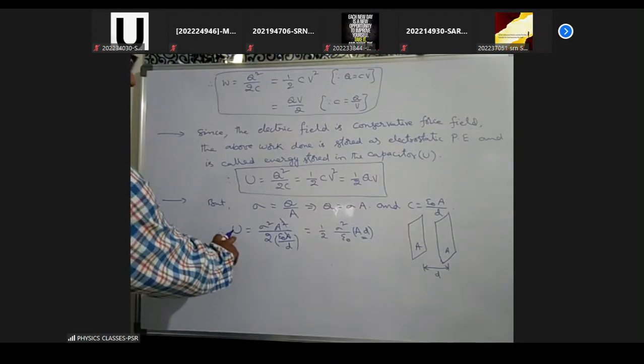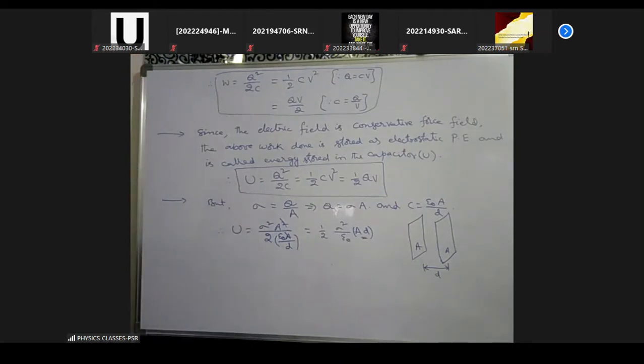The total energy stored per unit volume is known as energy density. We call it energy density also. Important formula: energy density of electrostatic field.